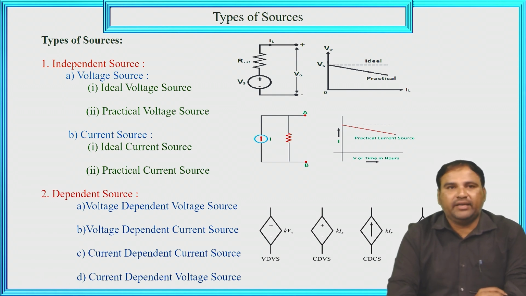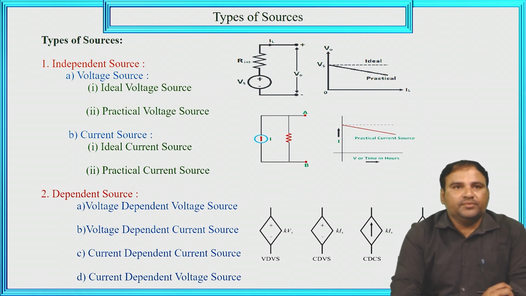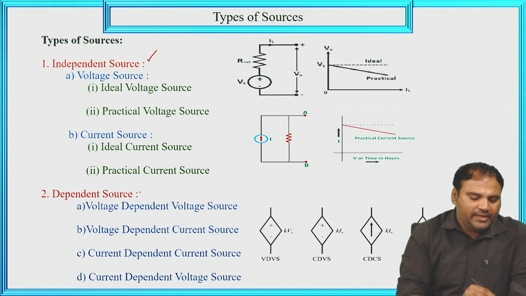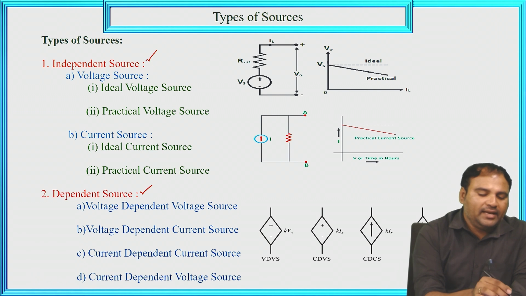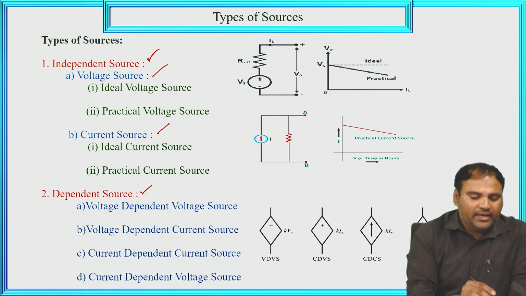So basically the sources are classified into two types. First one is independent source and second one is dependent source. Here the independent source is again classified into two types. First one is the voltage source and second one is current source.